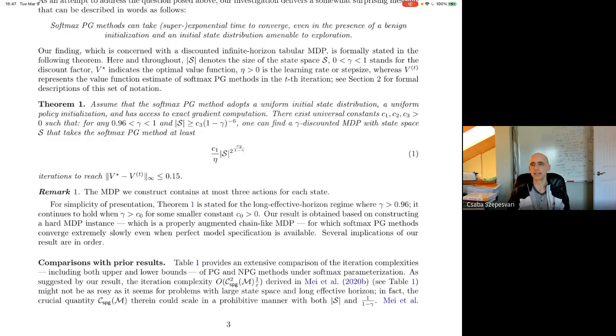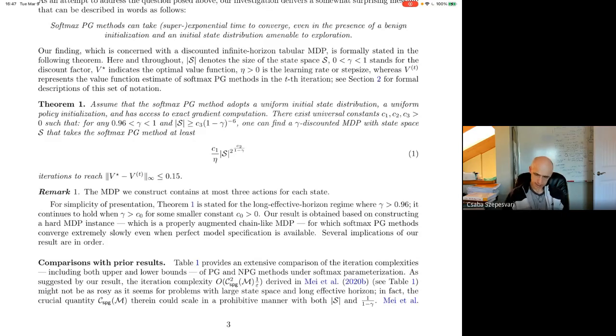This shows that policy gradient is not really a panacea, in the sense that it can be really sensitive to choices like the class of policies you're working with and how you're parameterizing that class. If you happen to choose the wrong parameterization, then really bad things can happen to you.